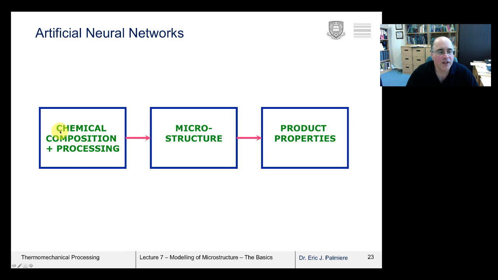We started off with composition coupled with processing variables as input, but we can likewise have microstructure as an input as well, in terms of the transformation behavior, to predict subsequent properties at the end of the day. So I think this is a good place to stop. I think we've concluded everything I need to say in terms of this black box approach to modeling.